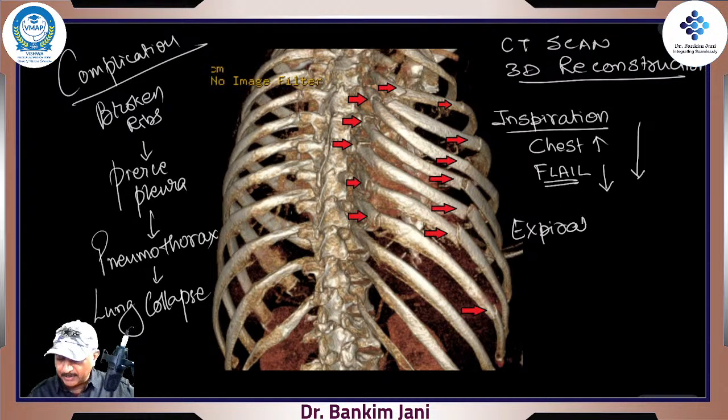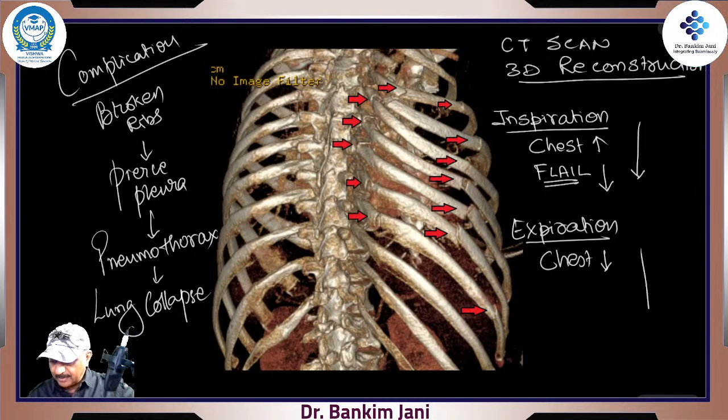Similarly, during expiration, when we breathe out, the chest shrinks, so air goes out, because the diaphragm is pressed up and abdominal organs are pressing the chest. Lungs are always interested in collapsing, so air goes out.